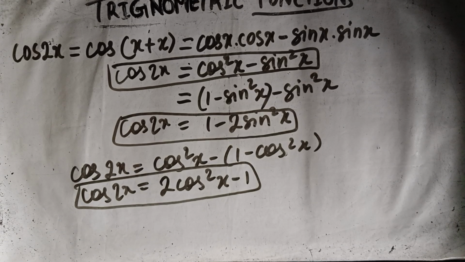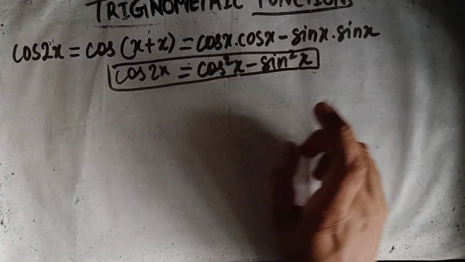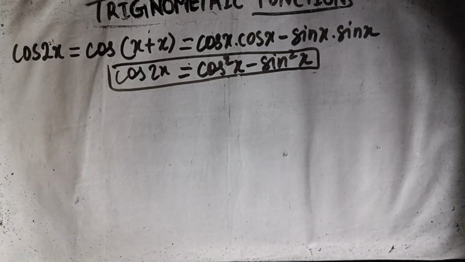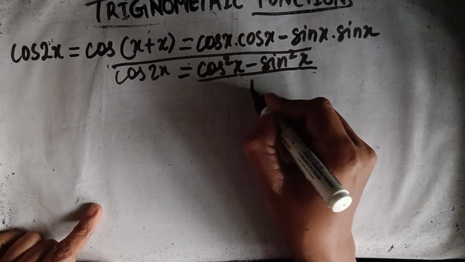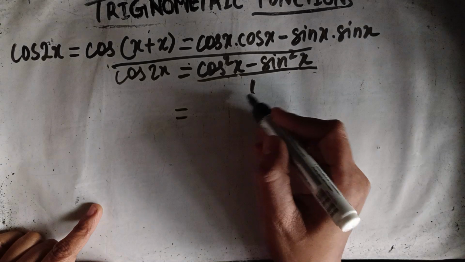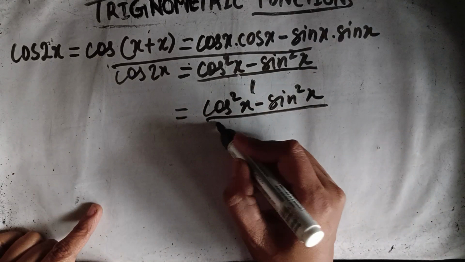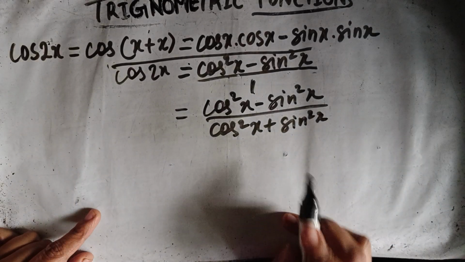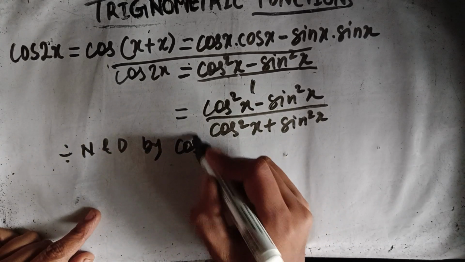Then we have it in terms of tan also. After this you have to divide by 1, right? Nothing is there, so it is 1. 1 we can write as sin²x + cos²x. So I will write (cos²x − sin²x) upon (cos²x + sin²x). Now you have to divide numerator and denominator by cos²x.